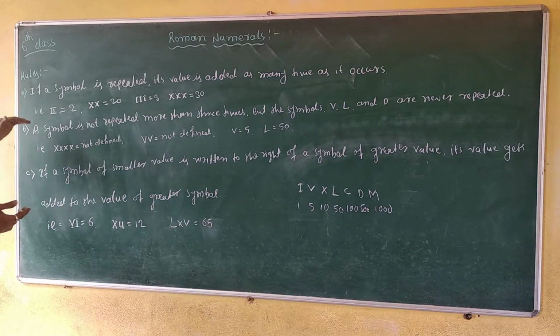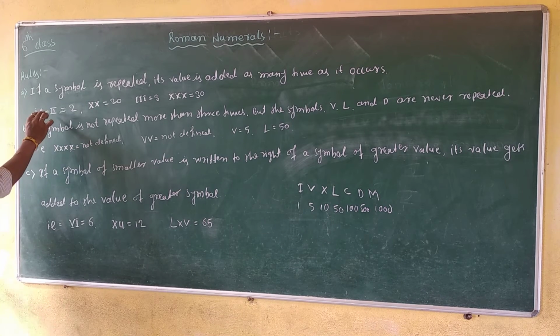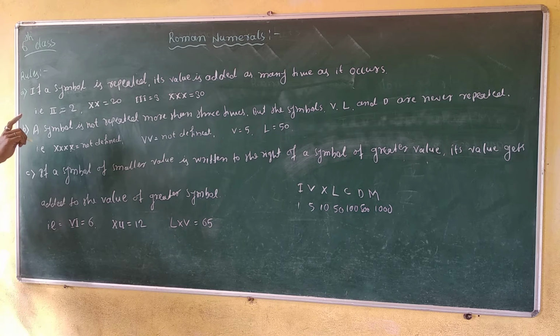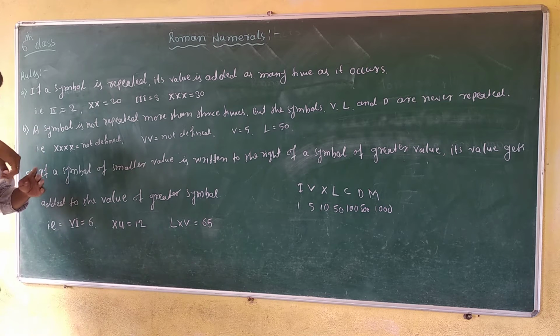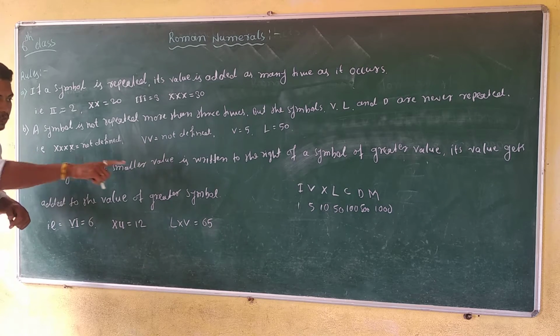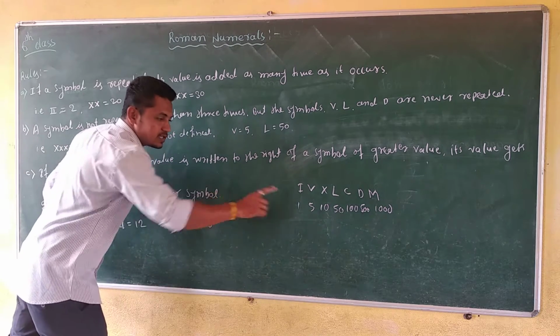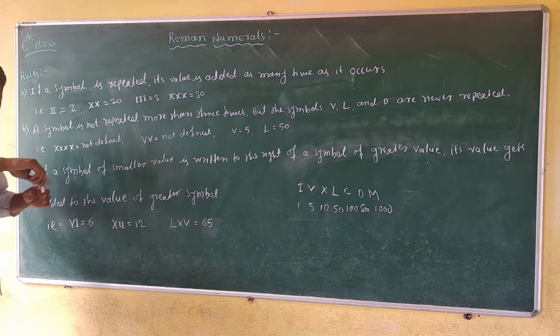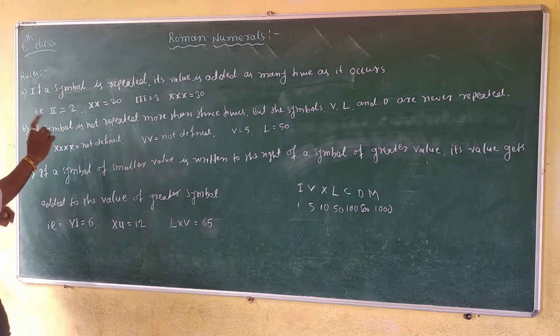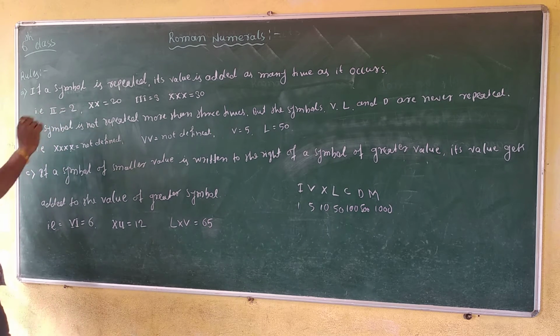For example, see here, II. I is repeated 2 times, and the value of I is 1. So I is repeated twice.